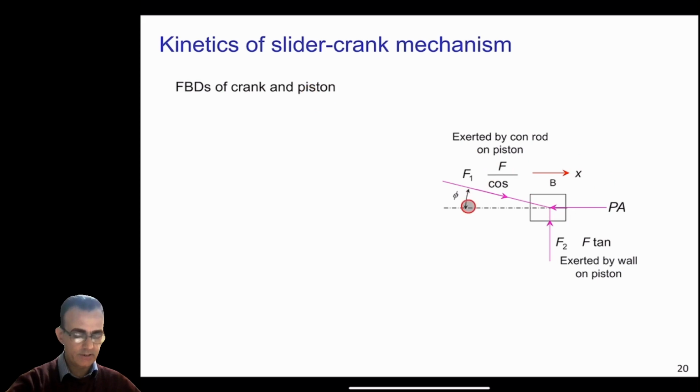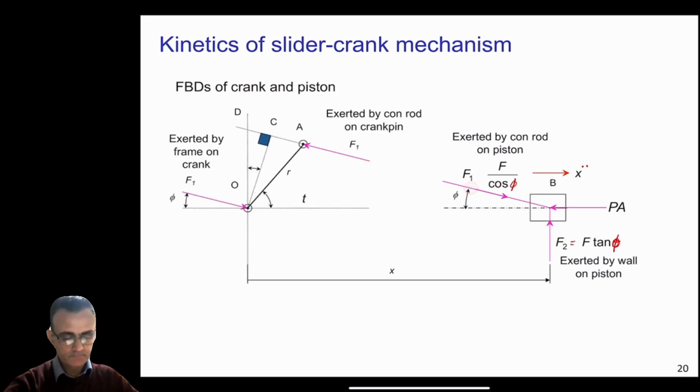So this was the free body diagram for the piston. We had this Pa, x double dot was in this direction here, and F2 was F tangent phi here, and this was F cos phi here, F1 and F2. And now if you consider the crank, in this case this F1 which is acting here, the same F1 is acting here.